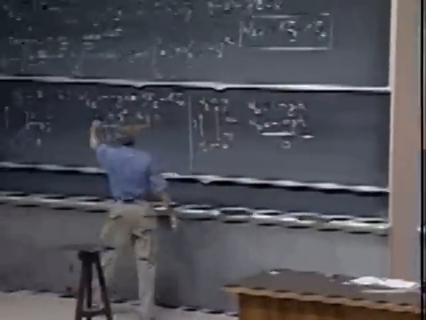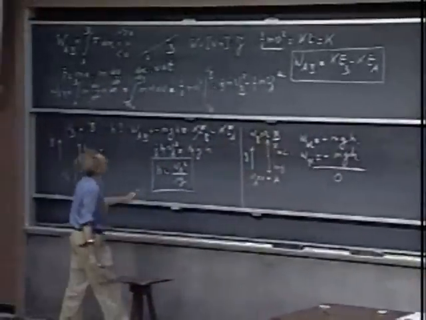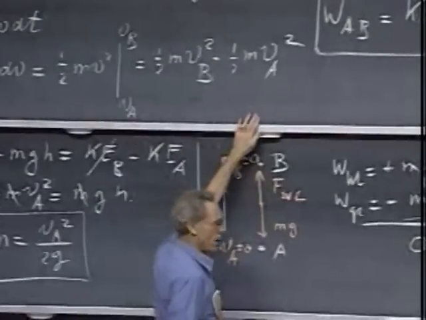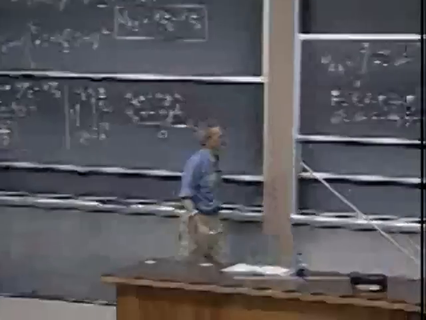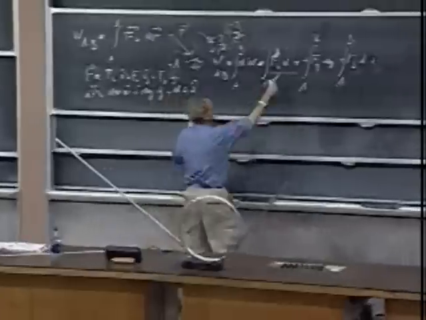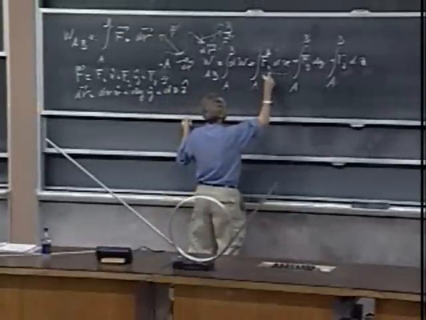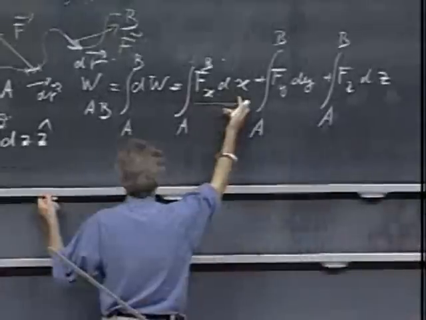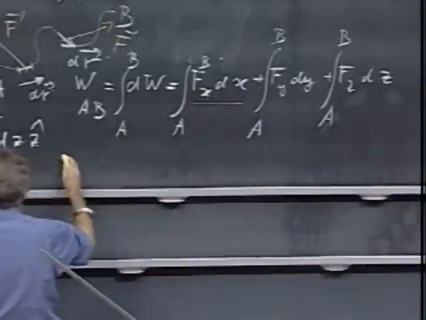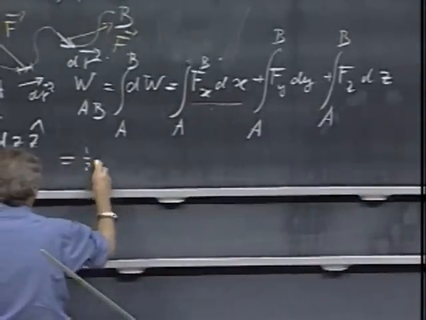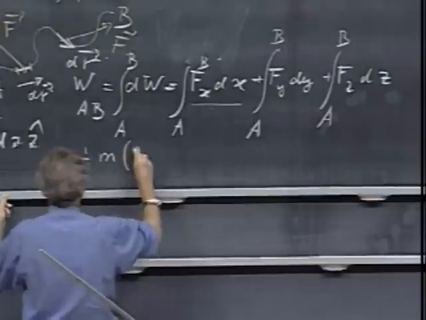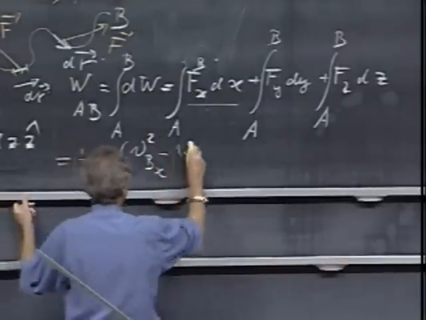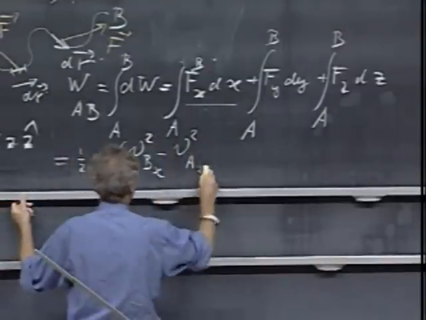The integral of Fx dx we found is 1/2 m vb squared minus 1/2 m va squared, which in this case is obviously the velocity in the x direction, because this is a one-dimensional problem. And the one-dimensional problem indicates that the velocity that I'm dealing with is the component in this direction. So we have 1/2 m vb squared, and this is the x component, minus va squared, and that is the x component.